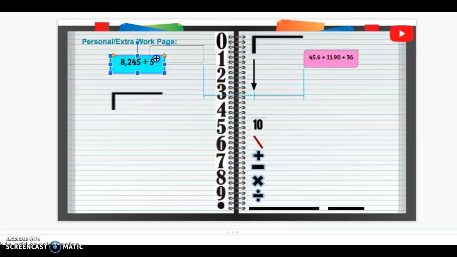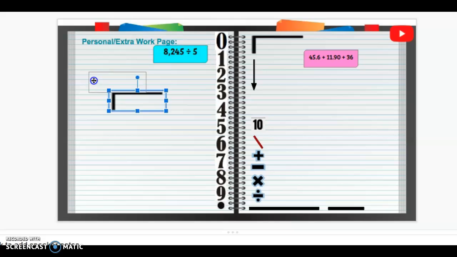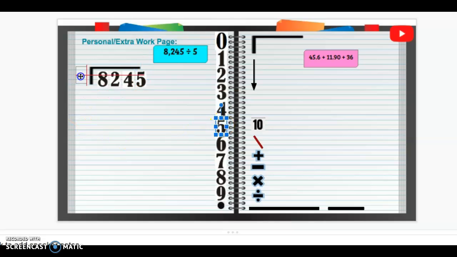I'm going to move you up, so we have more space. The 8,245 is my dividend, so that goes on the inside. 8, 2, 4, 5, and then 5 goes on the outside.